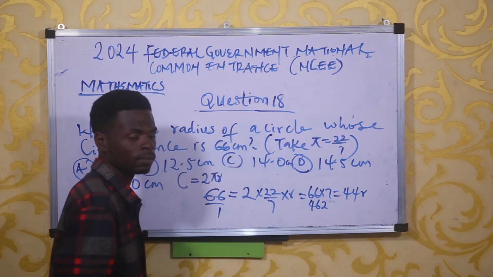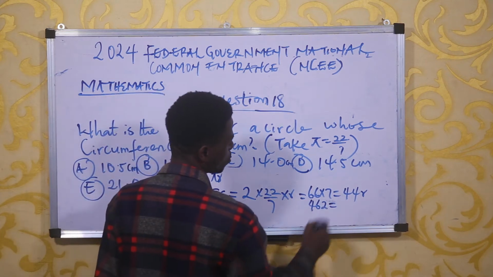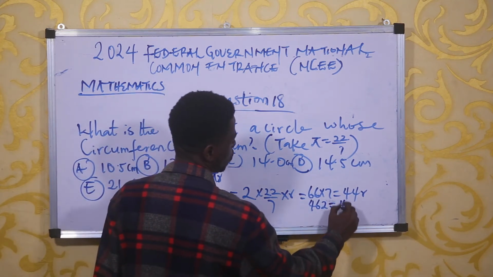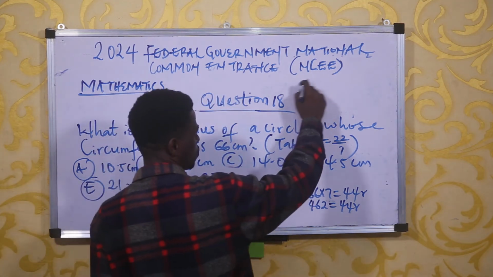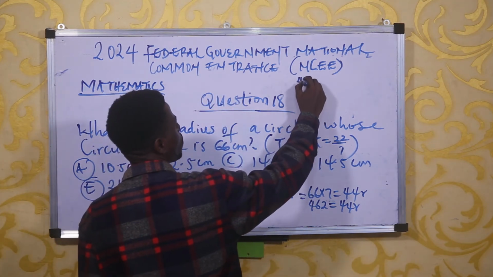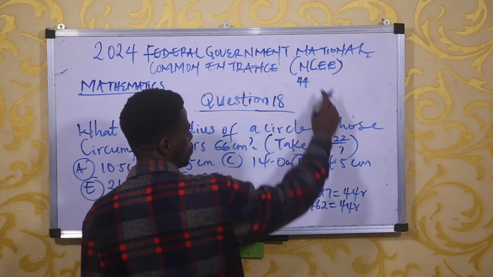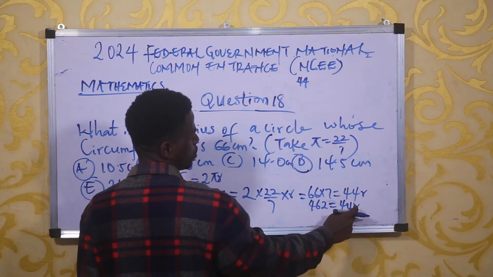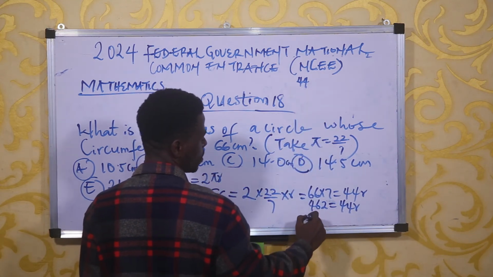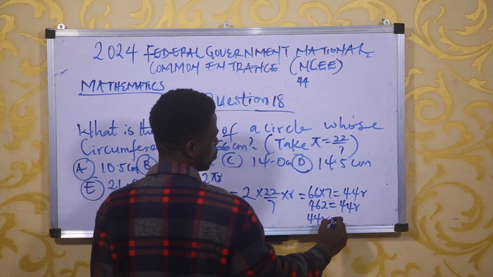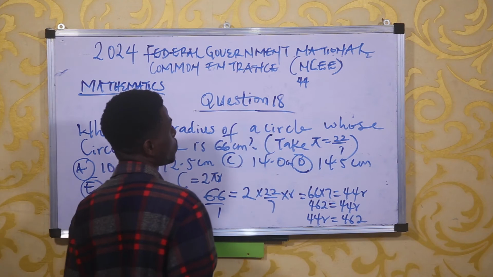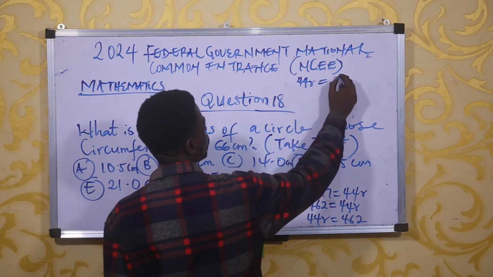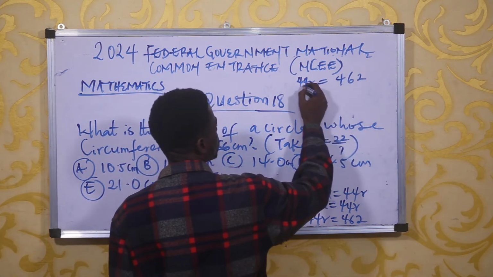Take note of that. Equal to 44 r. Now we have 44 r equal to 462. Divide both sides by 44.